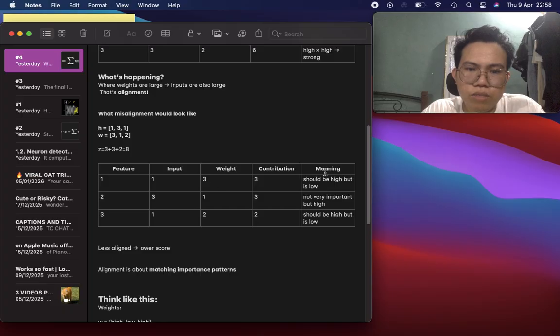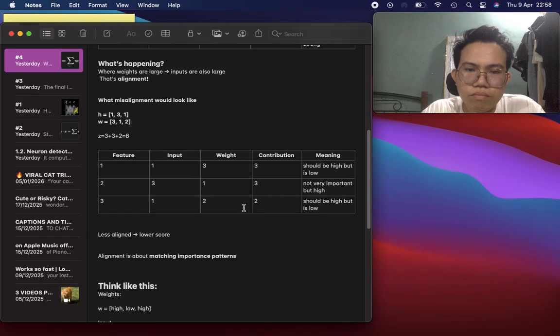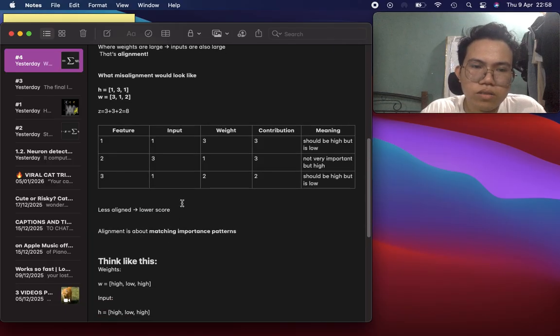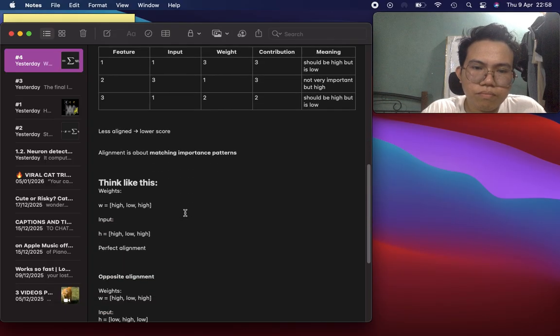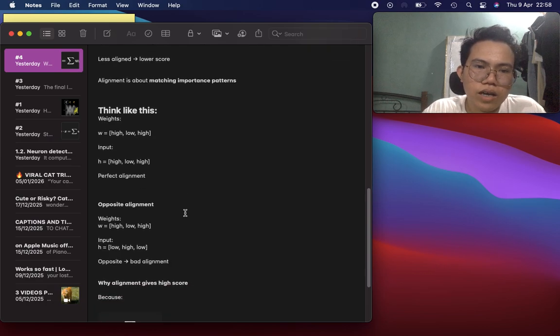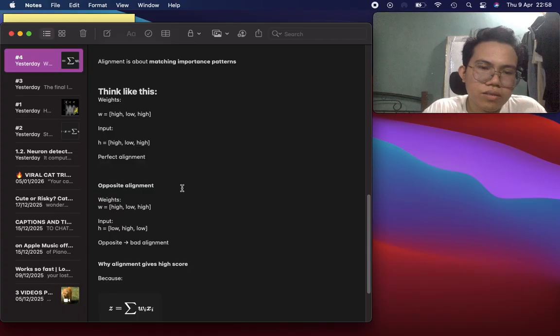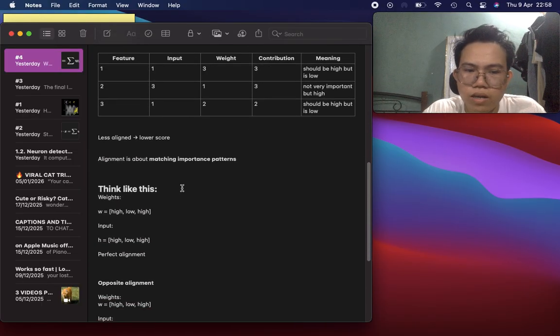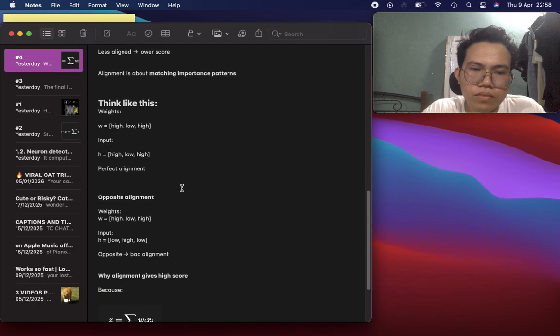This one should be high, but it's low. The input is 3, but the neuron expects this to be low, not very important, but it's high. So less aligned means a lower score. You could think of the weights as high, low, high, like what I'm using while I'm teaching, high, low, high.